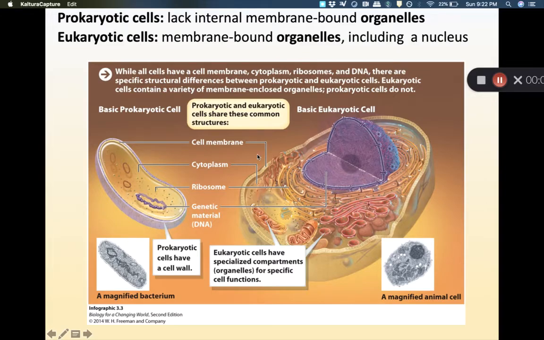These are the features specific to prokaryotic and eukaryotic cells, and there are a few different organelles that distinguish them. These pictures are particularly illuminating, where you can see the free-floating nucleic DNA versus the distinct nucleus that contains the DNA in the eukaryotic cell.